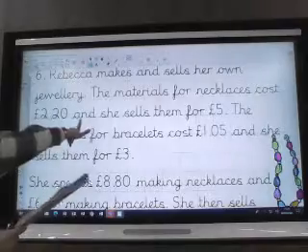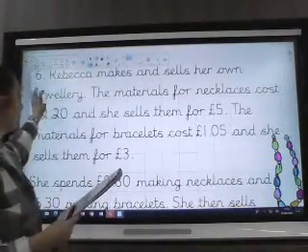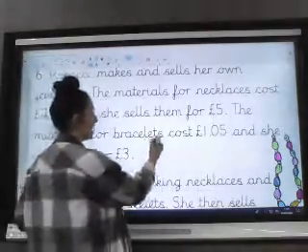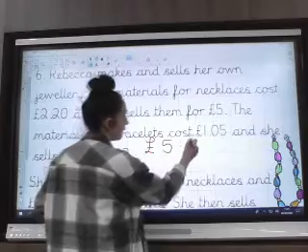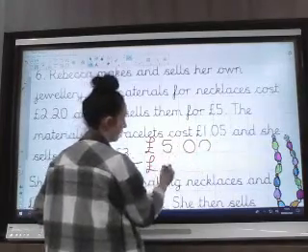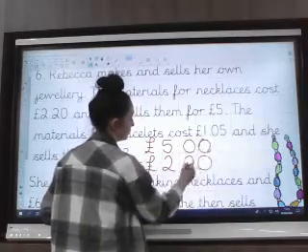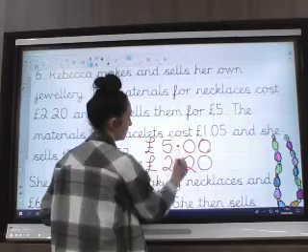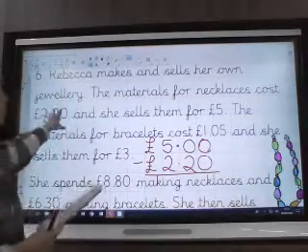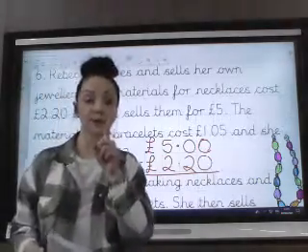If she sells them for £5, but she buys the materials for £2.20, we need to do £5 take away £2.20. Oh, mind my decimal points. Right, and that will tell you how much profit she makes on one necklace.